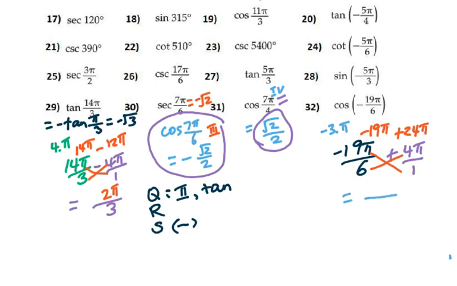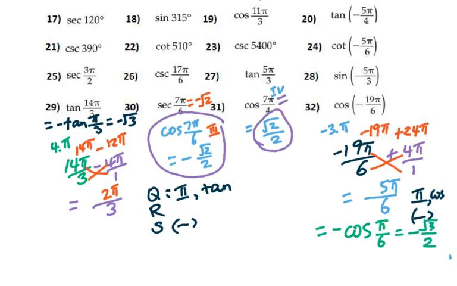Denominator will be 6. That will be 5 pi. So we go to second quadrant. For cosine, that will be negative. Therefore, I can write down answer negative cosine pi over 6. That means negative square root of 3 over 2.